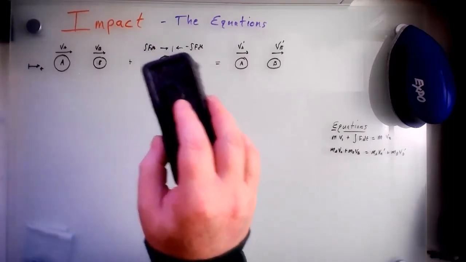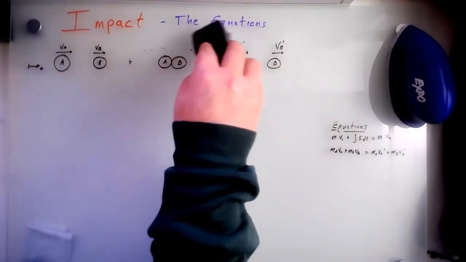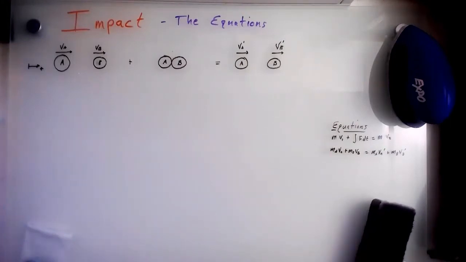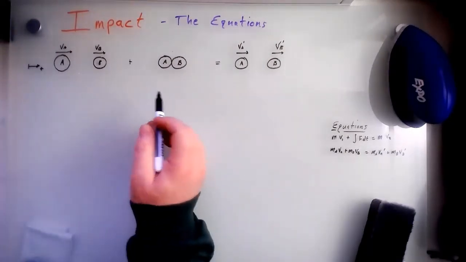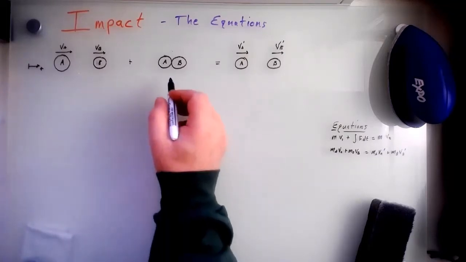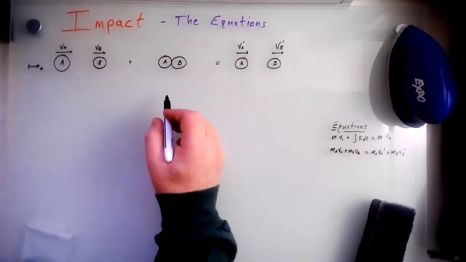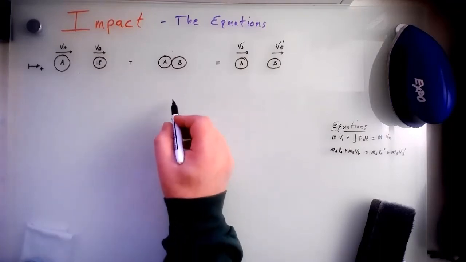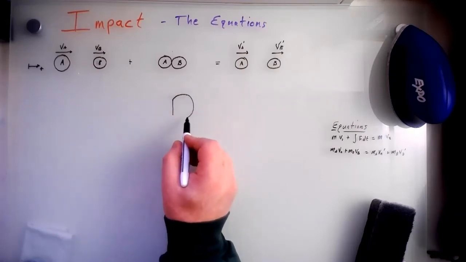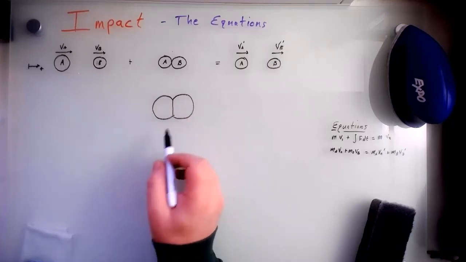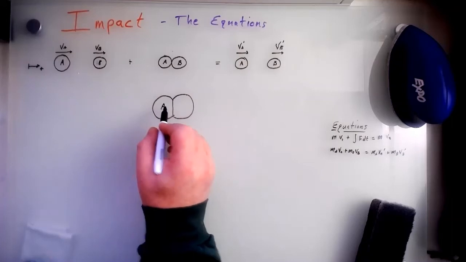Unfortunately, we end up with lots more of them. So let me get rid of this. It turns out that this is not actually how impact works. They don't just come together and then break apart. There are actually several steps. If we expand this, in the middle we get, I'm going to do my best here to draw this, a little bit of deformation there.